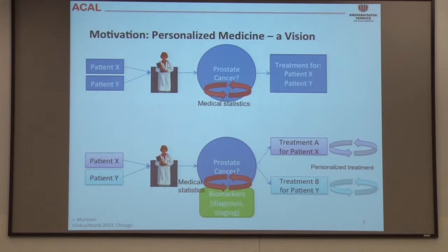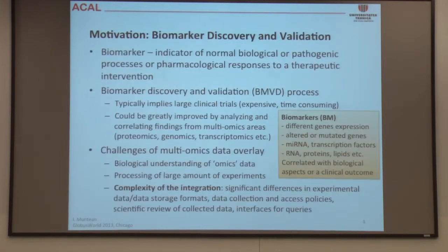The idea here was to integrate more information, indicating more details about the condition and the stage of the patient. There are so-called biomarkers that help to diagnose and to derive a more sophisticated personalized treatment.